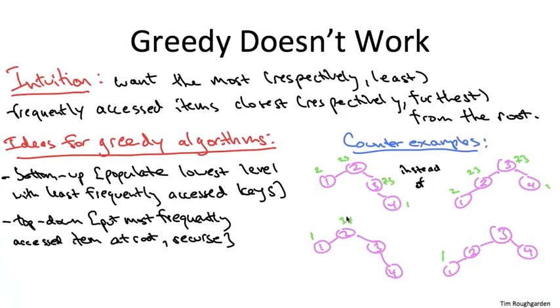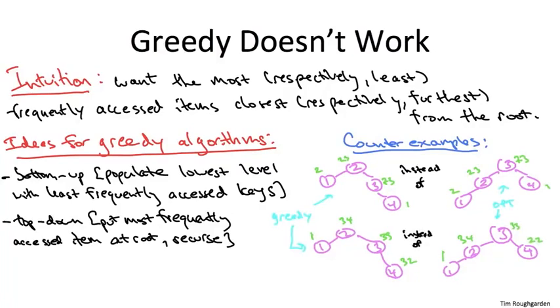So then in that case, the greedy algorithm will put the 34% node up in the root. When really what should happen is you want a perfectly balanced subtree for the objects 2, 3, and 4, because each accounts for roughly a third of the searches. So let's give object 3 33% of the searches, and object 4 32% of the searches.